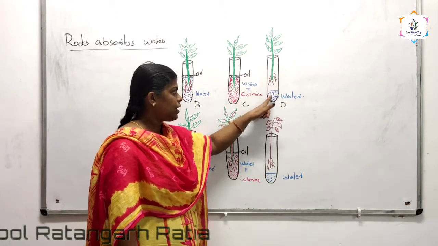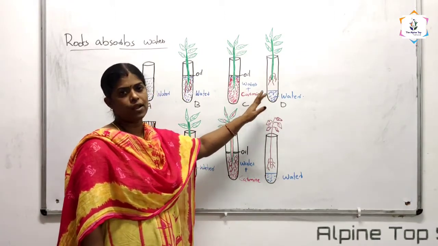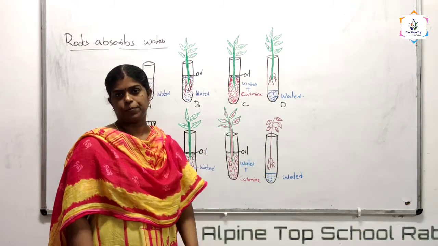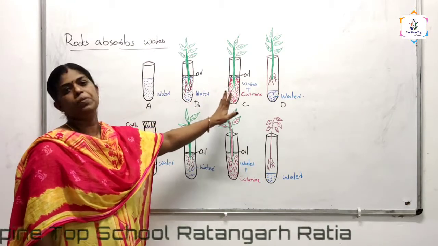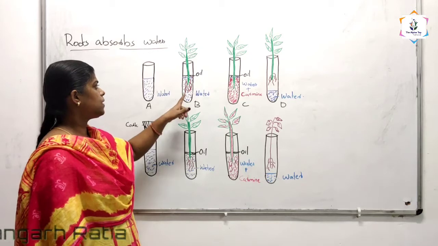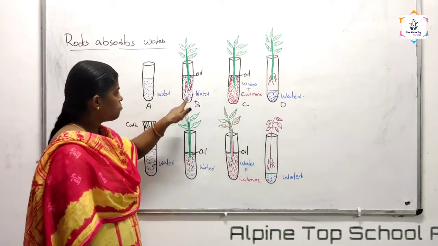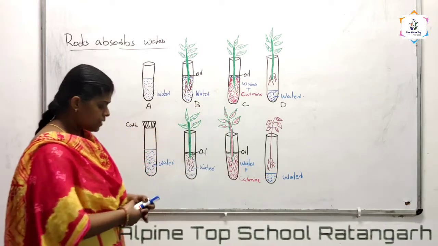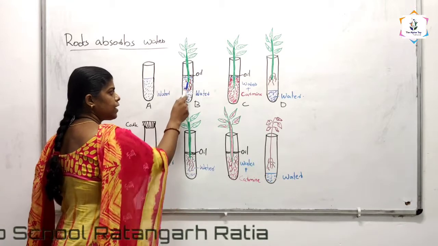And in D, a very small amount of water is there, and we are not going to put any oil here in D. As I have told you, we are adding the pink dye inside tube C, and we inserted the plant inside B, C and D. In B and C you can see that the roots of the plant are inside the water.